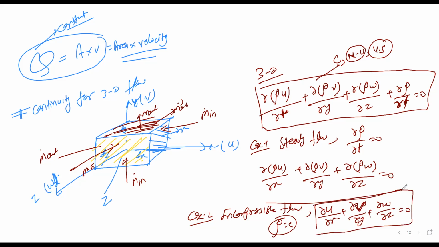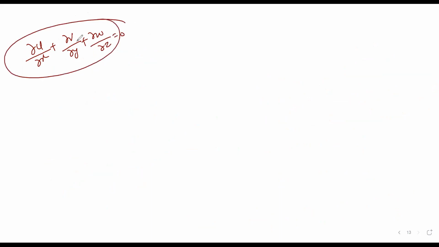Yeah, that is for incompressible. So this is your final equation. This is called dou u by dou x, dou v by dou y, and dou w by dou z. This is the continuity equation for 3D, and this is valid for steady, incompressible, irrotational also.